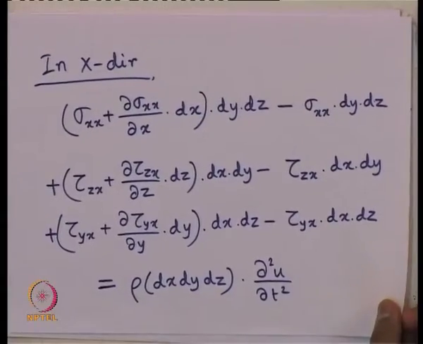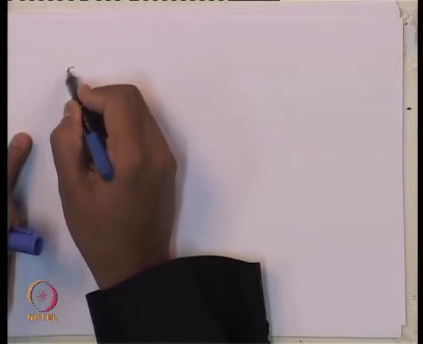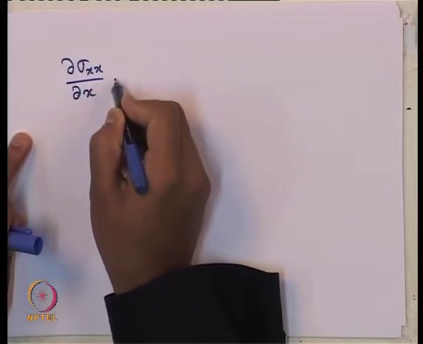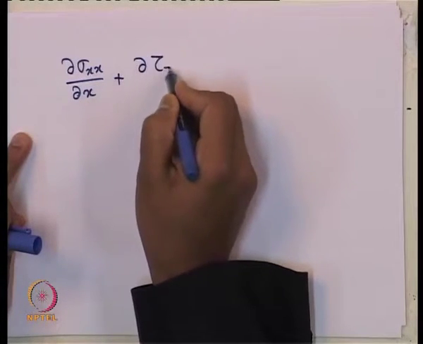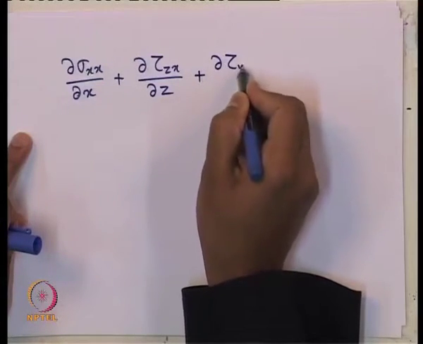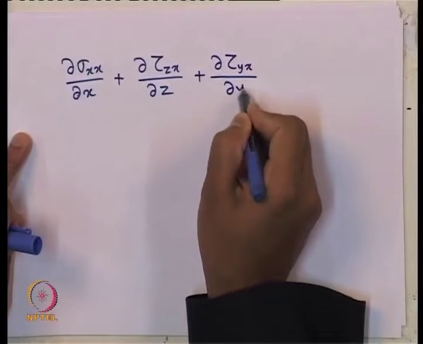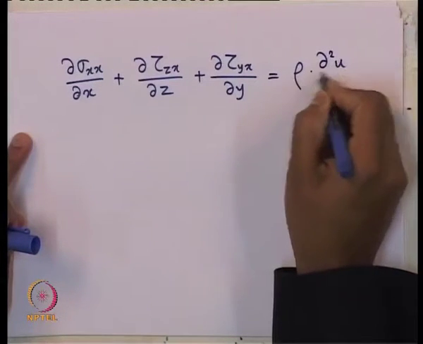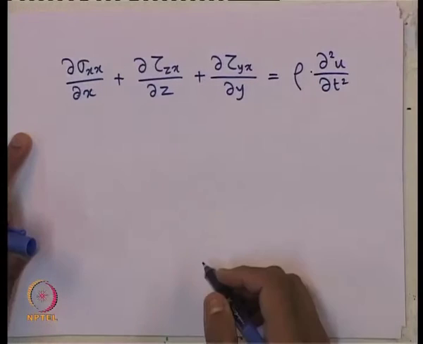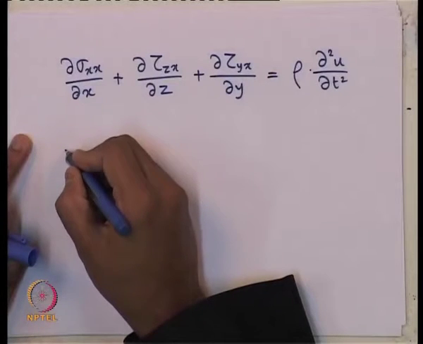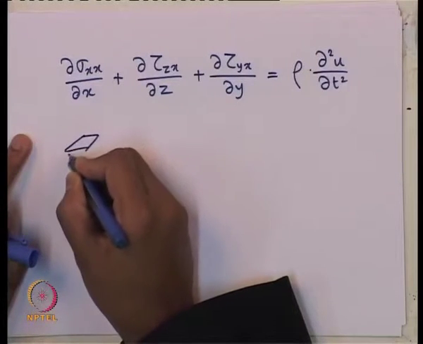So, finally, on simplification we can write that del sigma xx by del x plus del tau zx by del z plus del tau yx by del y equals rho del 2 u by del t square.